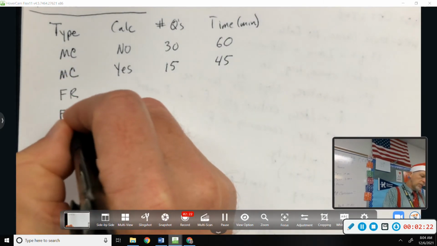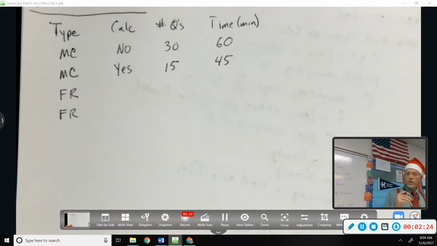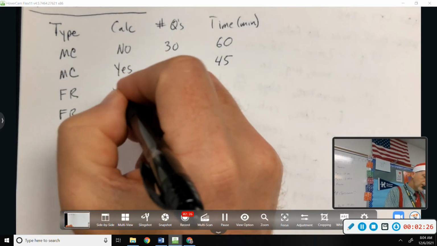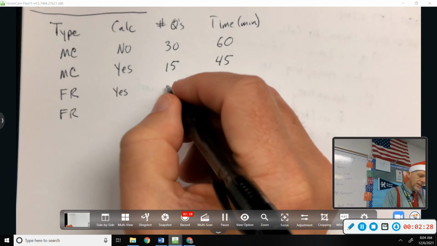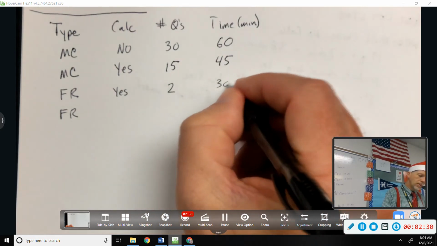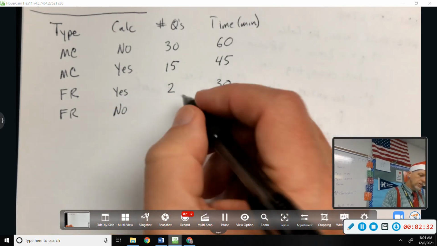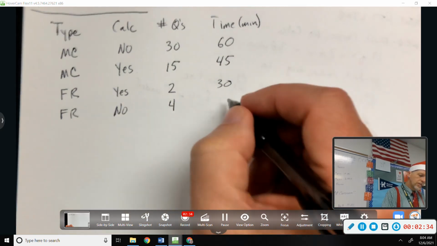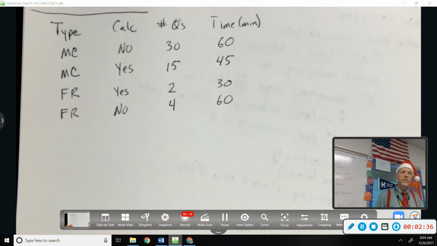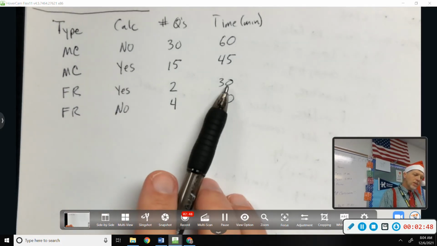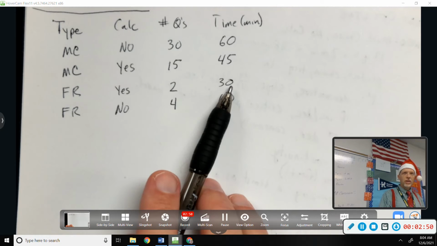And then free response. Free response is a little bit backwards. It's yes, you get your calculator, 2 of those for 30 minutes. And no, you don't get your calculator, 4 of those, 60 minutes. And when you're in there, they lay it out this way so that after 30 minutes, you have to put your calculator up.